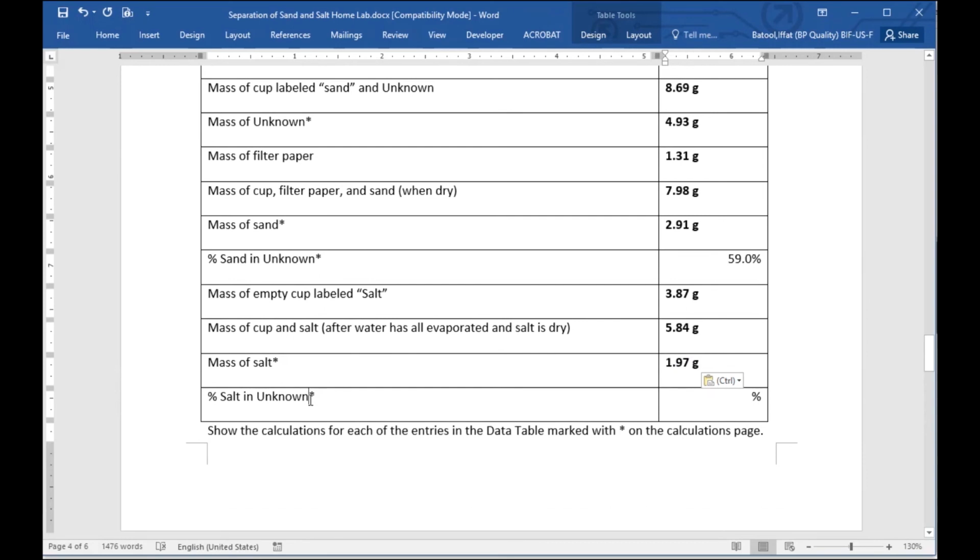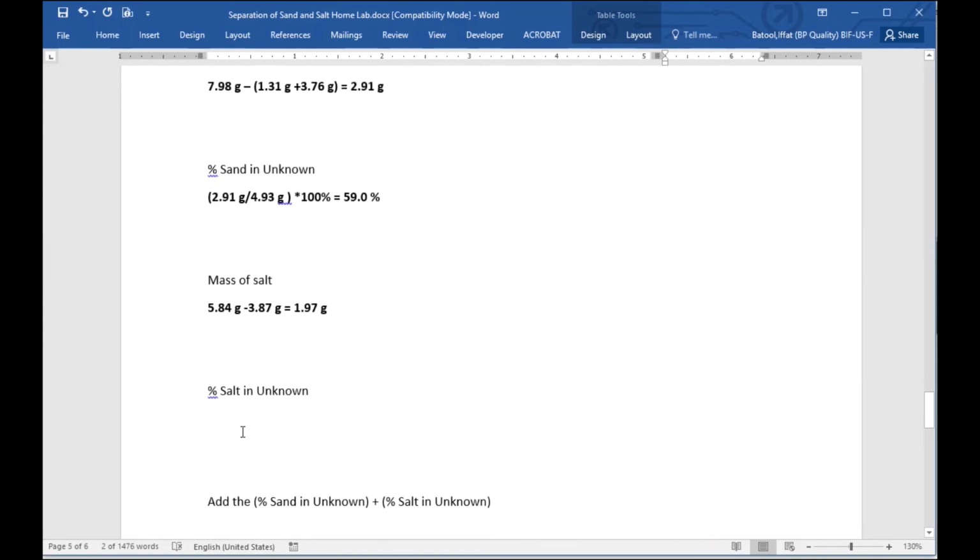The next thing is to find the percent salt in unknown. For percent salt in unknown, it will be this number divided by unknown, which is 4.93. So it is going to be mass of salt divided by mass of unknown sample.